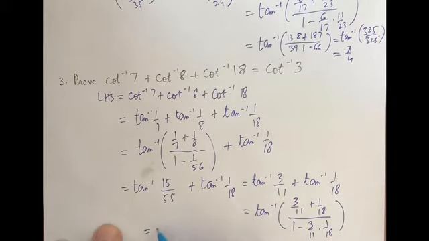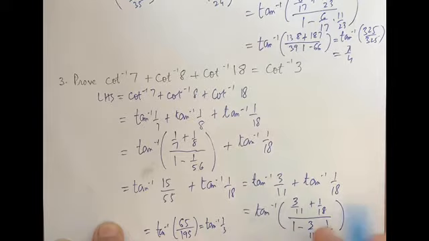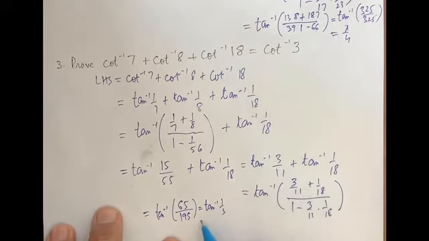And this is tan inverse of, this is 54 plus 11, 65, and this will be 198 minus 3, 195. This is tan inverse of 1 by 3. And what is tan inverse of 1 by 3? Tan inverse of 1 by 3 is cot inverse of 3, which is same as the right hand side.